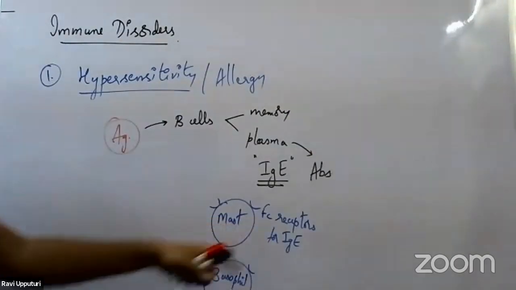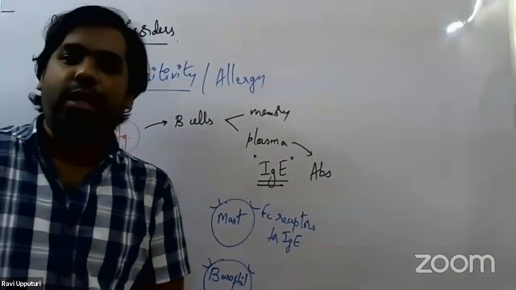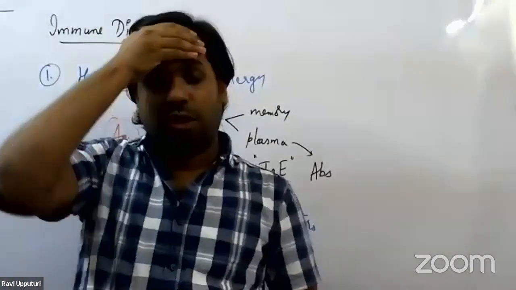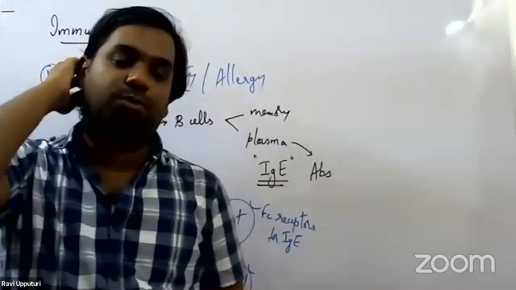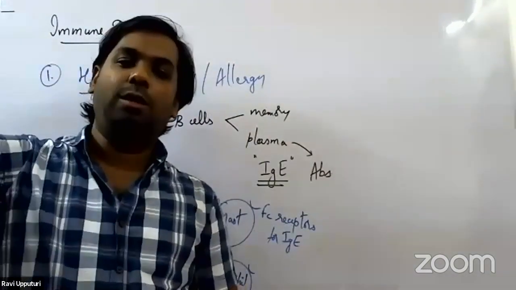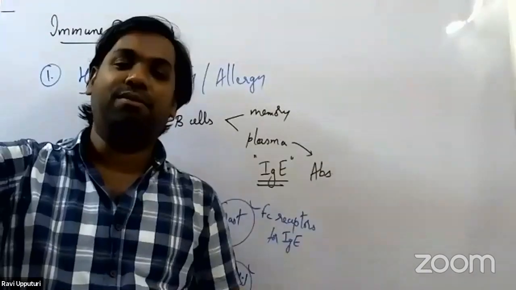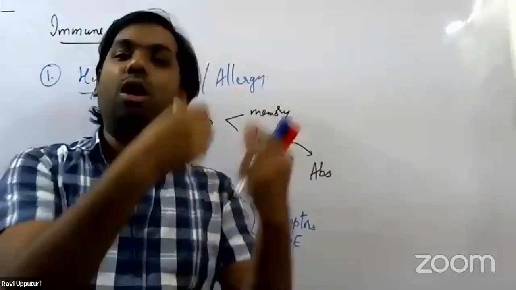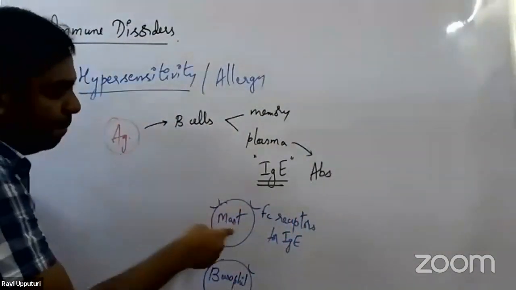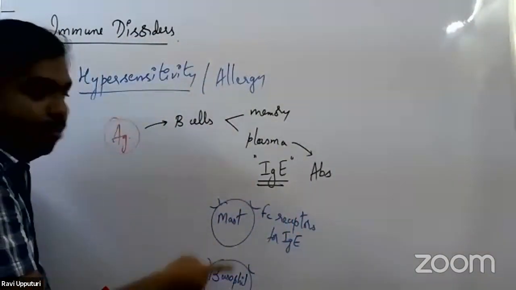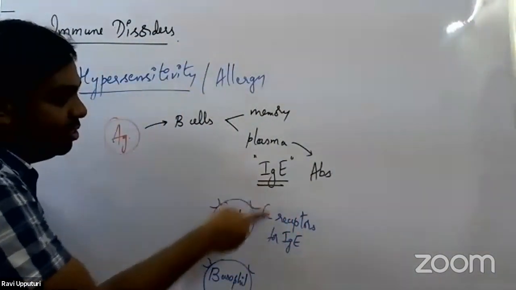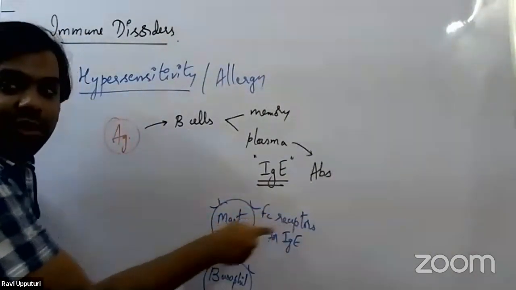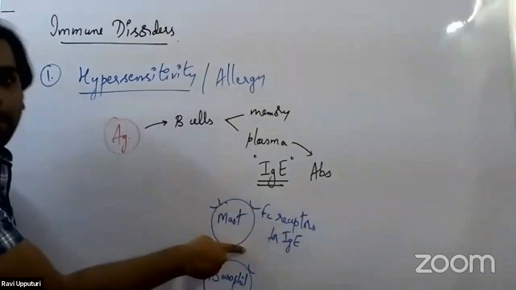If you could recollect, when we were talking about the structure of antibody, we said that antibody structure could be divided into two parts or two regions. One was called the Fab fragment, fragment of antigen binding. The second one is the Fc fragment, the stem part. So these mast cells and basophils have receptors for the Fc fragment, Fc receptors for the IgE type of antibody.